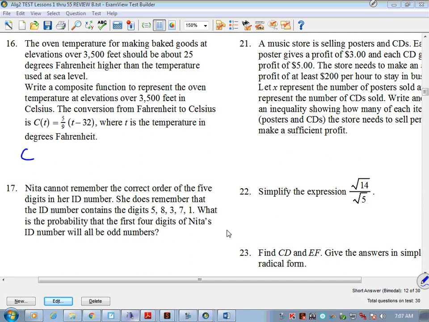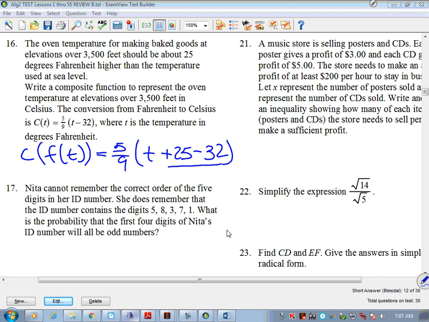So without overcomplicating this, we're going to get C equals 5/9 times (F minus 32), where F is T plus 25. And then we're going to solve that portion right there and rewrite it. So that's actually going to end up being -7. Okay, and that's going to be your final answer there.